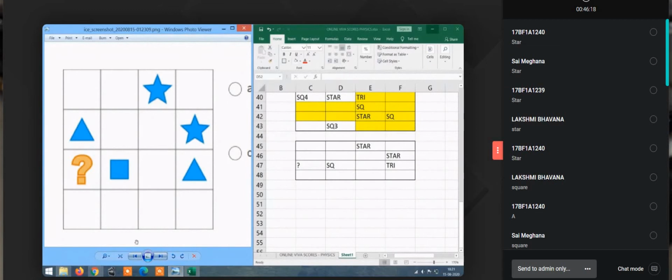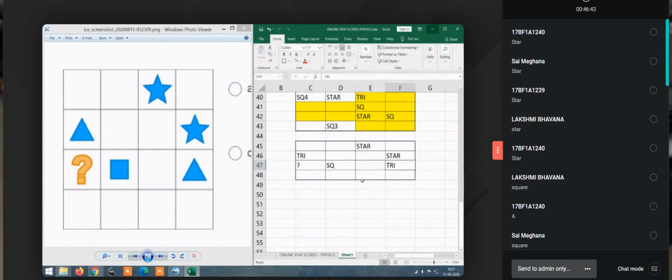Right, guys, let us see how to do this. First thing I want you to look at, here I missed the triangle. Look at the third row. What do you see in the third row? You see a question mark, you see a square, you see a gap and then a triangle.